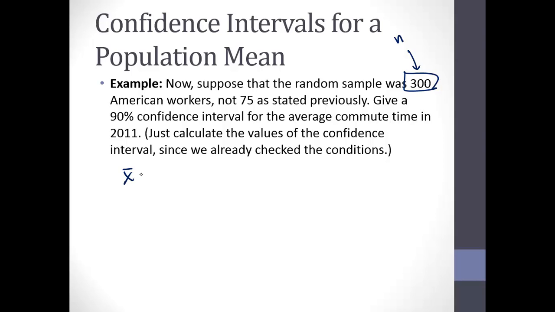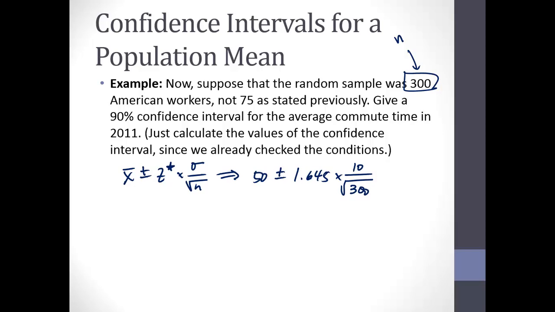So now x bar plus or minus z star times sigma over the square root of n. This is, again, our same sample average plus or minus z star, which is 1.645, times the standard deviation divided by the square root of 300.